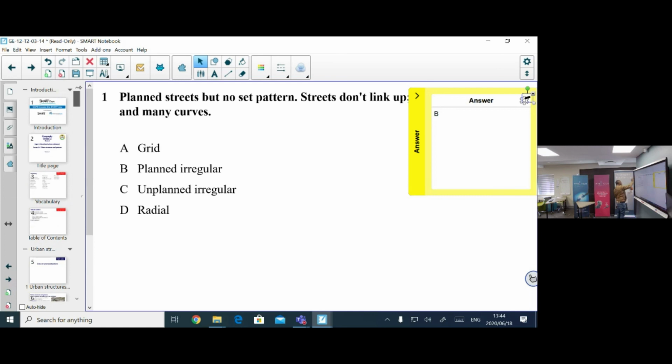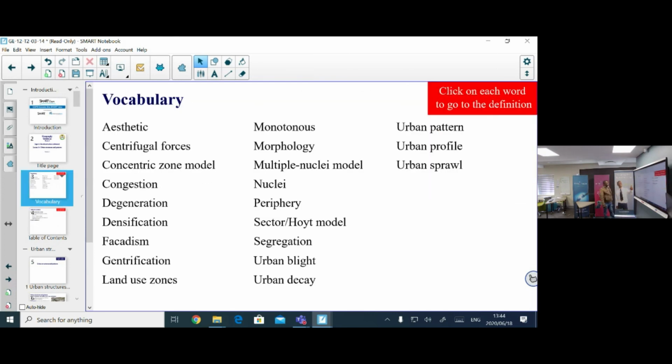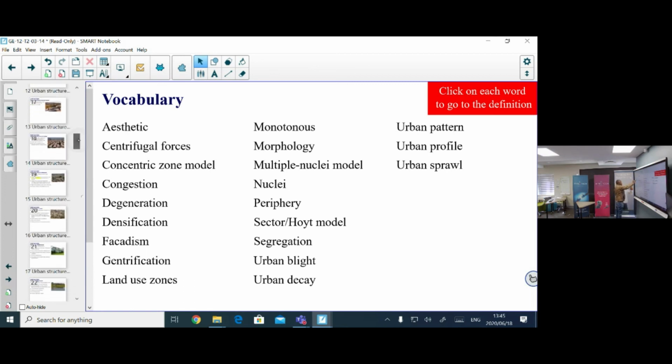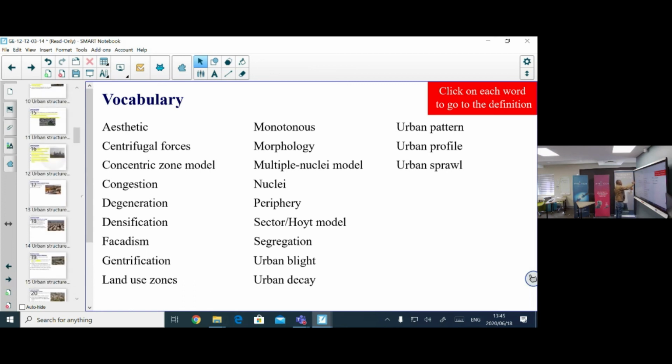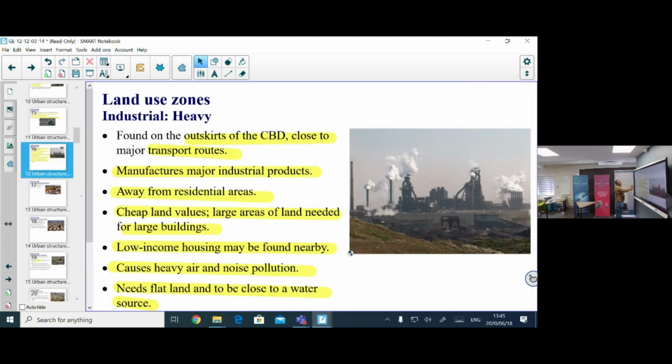And if we go up here to our definitions, let's look for the definition here. Unfortunately, we don't have the definition on this one, planned irregular, but on our slides that we dealt with before, we have the definition of planned irregular.